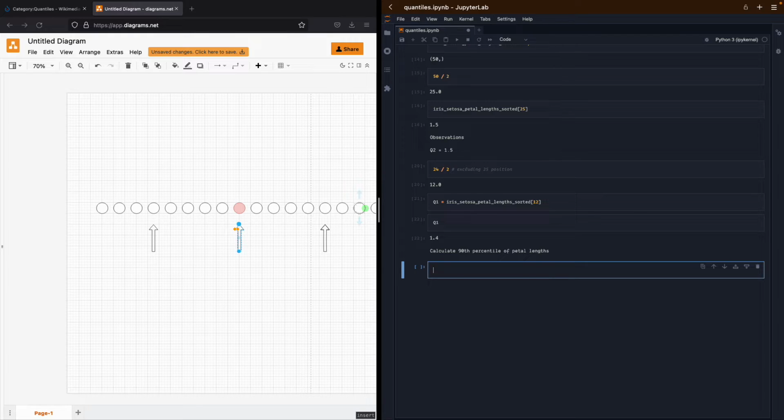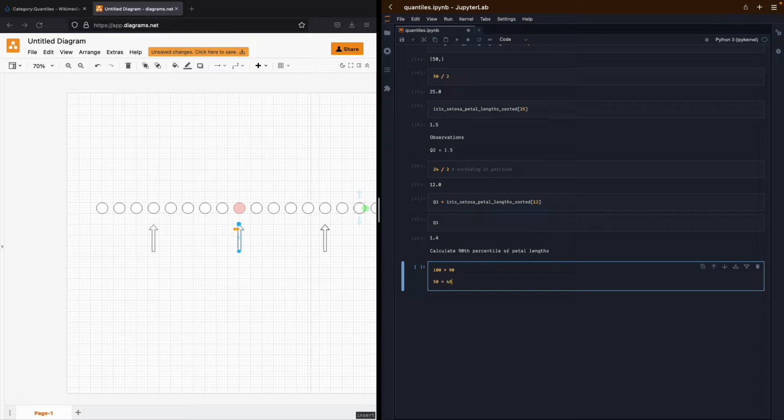in our 50. If we had a perfect 100 data points, then obviously for the 90th percentile we should take the 90th position, but our data points are only 50. So what should we take? Obviously divided by 2, 45.